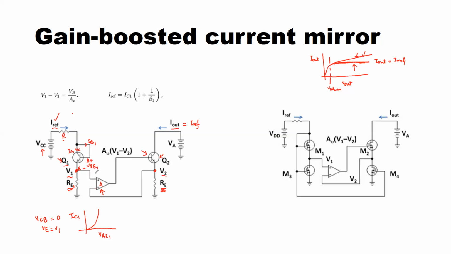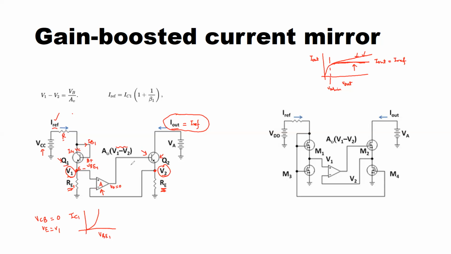And we assume that in an ideal current mirror situation, if we really have I out equal to I reference, it means everything is matched. The voltage at V1 is exactly equal to the voltage at V2, and the operational amplifier output VO is equal to 0 because the difference between the two inputs is 0.